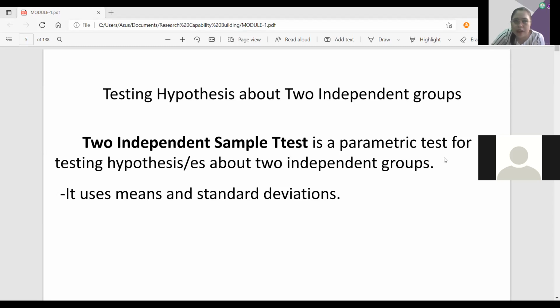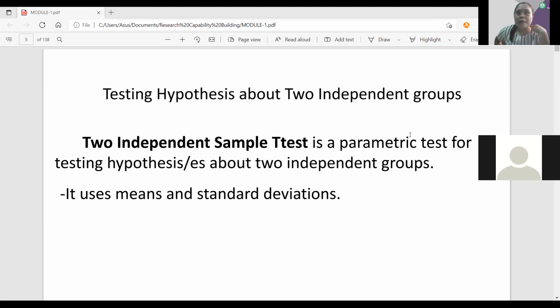So number one, you have to properly identify what type of data are you going to collect. Will that be nominal? Remember, when you say nominal, these data are non-numerical. Instead, we have categories or classifications.